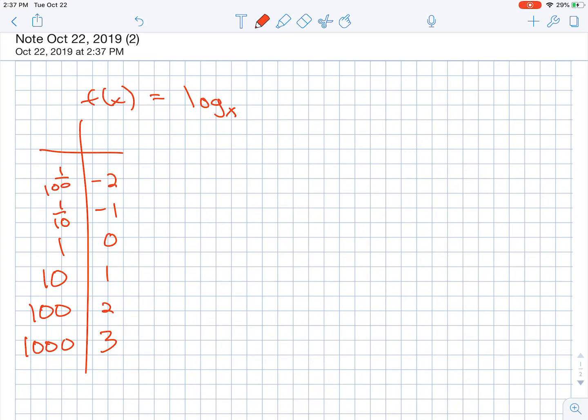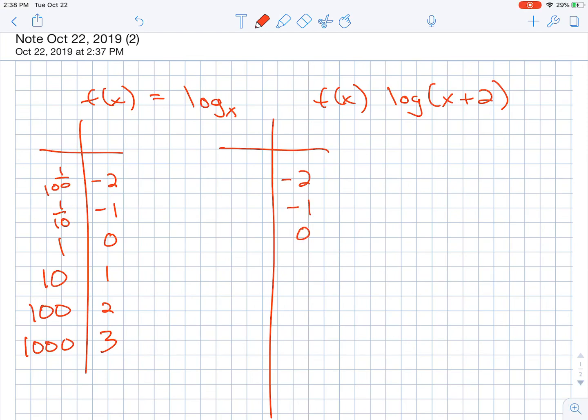Okay, so now we're wondering, what's going to happen if we add on this 2? What's going to happen if we go log and then x plus 2? What's that going to do? Well, it's going to go like this, okay?